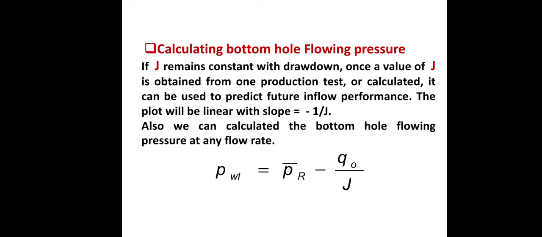Also, we can calculate the bottom hole pressure following the flow rate equation, since we have Q equal to J multiplied by the driving force, which is the reservoir pressure minus the bottom hole pressure. Then from that equation we can derive the equation to calculate the bottom hole pressure.